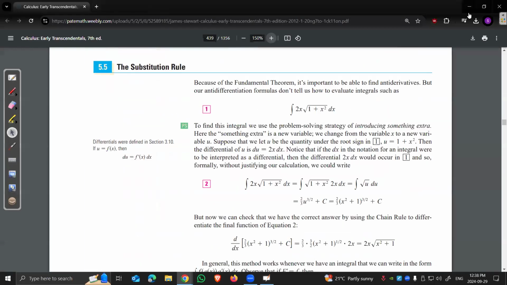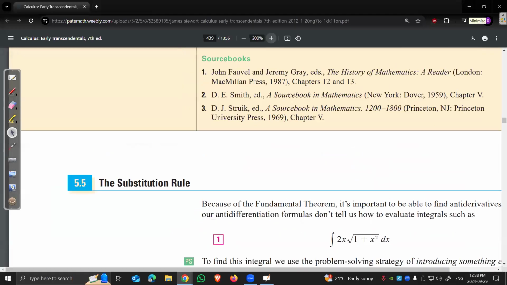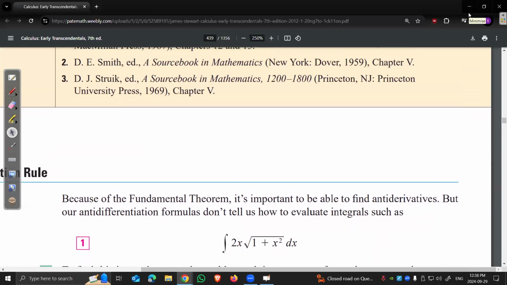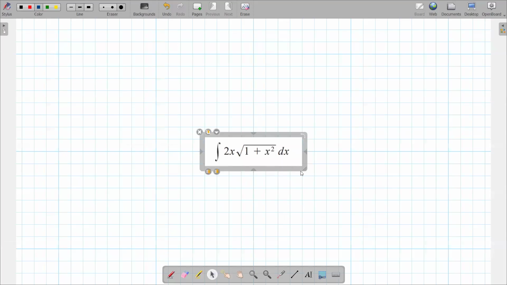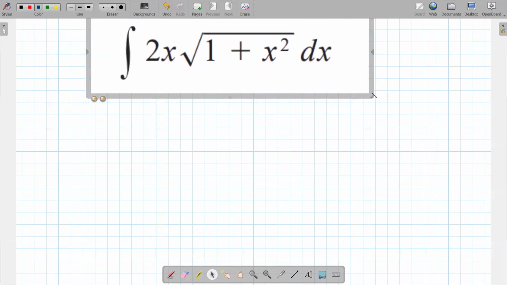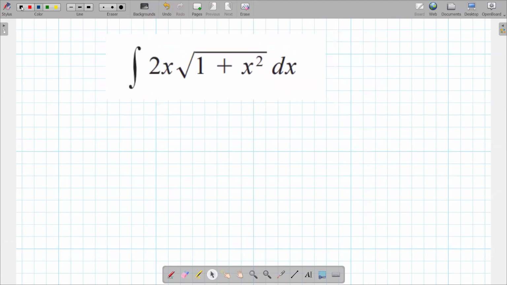So for the rest of the lesson, let's do something else. You'll notice that I've changed the book because the other one doesn't have as many questions. Let's look at this one. First of all, let's recap what we've been doing. We've been finding the integral, which means the area.